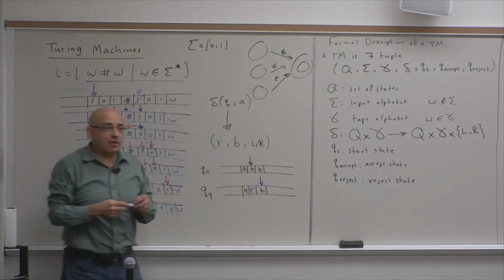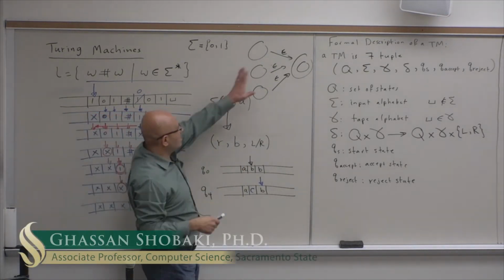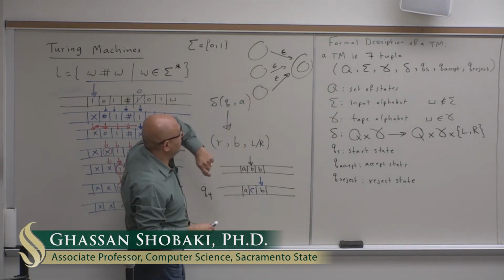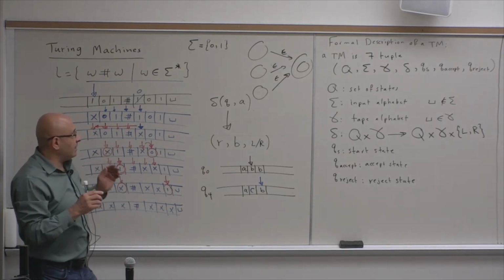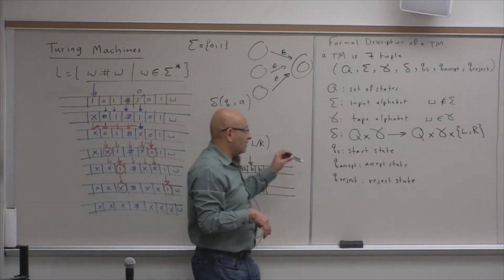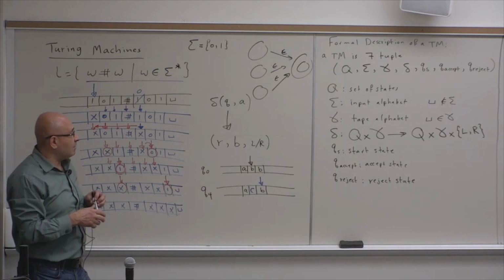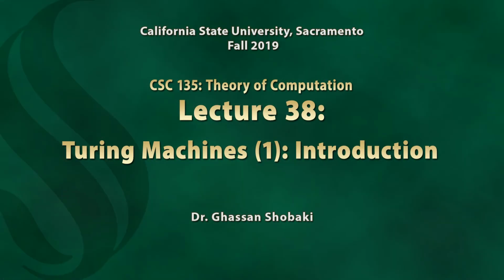So if you are given an NFA with multiple accept states, you can always convert it into an NFA with one accept state. And so requiring a single accept state does not make it less general. Okay? So this is the formal description of a Turing machine.